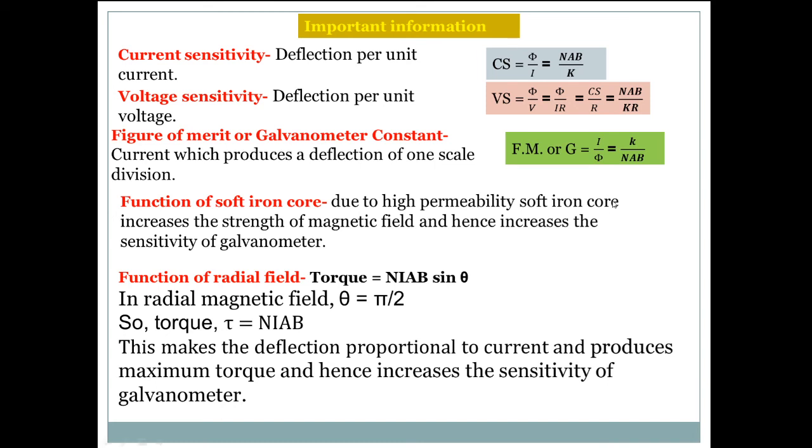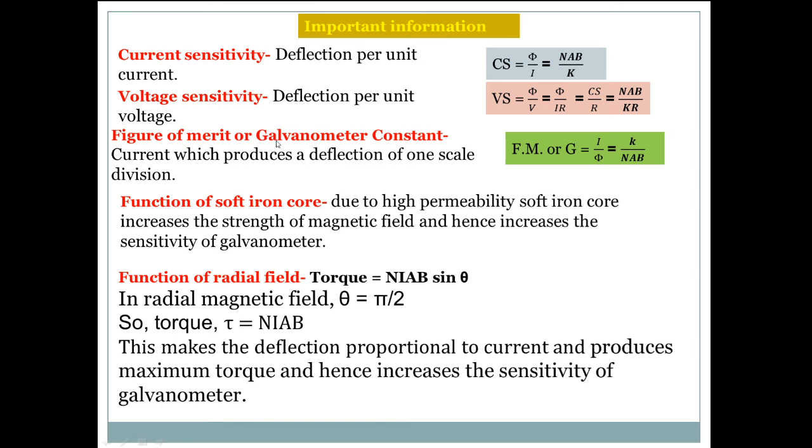Similarly, voltage sensitivity, that is deflection per unit voltage. So Vs equal to phi by V, and we know V equal to IR. So phi by IR, and phi by I is current sensitivity, so current sensitivity by R, or it is NAB by KR.